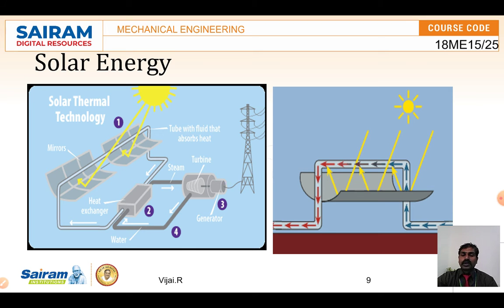Here you can see how electricity is produced in a solar power plant: a tube or pipe carrying water flows over the parabolic reflectors.